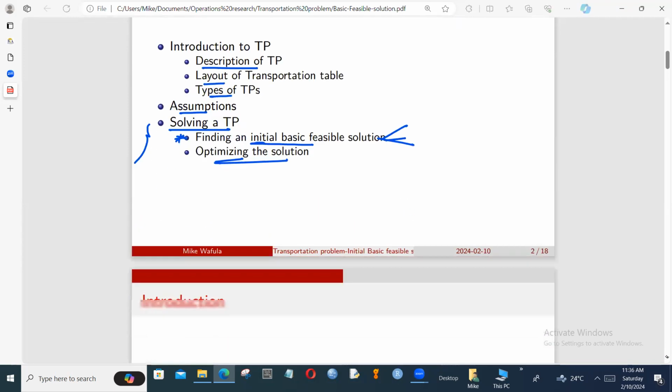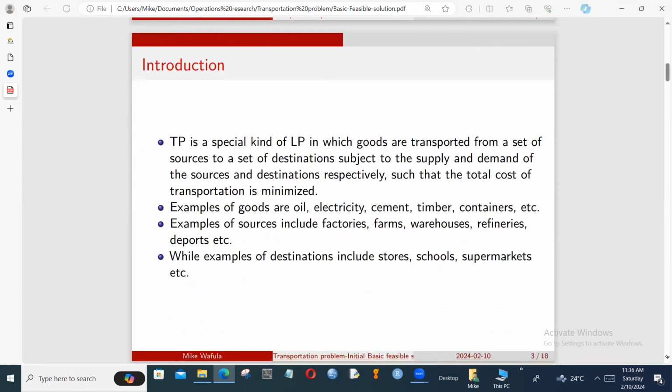So we just define what a transportation problem is. A transportation problem is looked at like an extension of a linear programming problem. For those who have done operational research, they look at the transportation problem as also an optimization technique, just like linear programming, where you want to minimize the resources that you spend.